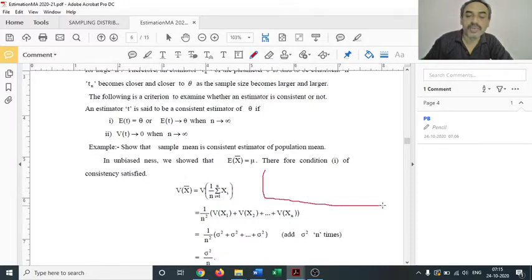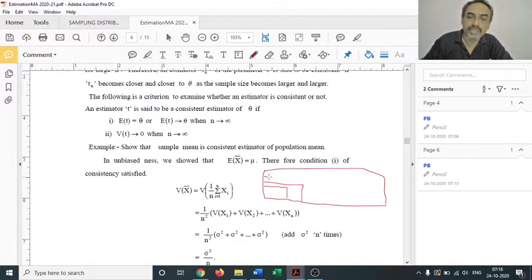Suppose this is a population. Now we draw a sample. Based upon that sample, we propose an estimator of the parameter. Suppose this is a sample we draw from the population. Based upon this sample, we propose an estimator. Now again we make the sample size large. So again we have the estimator.